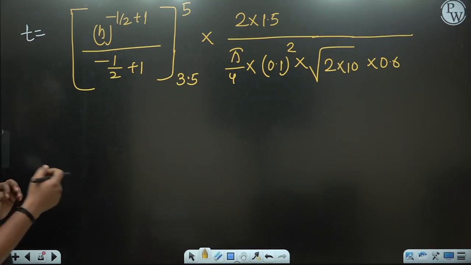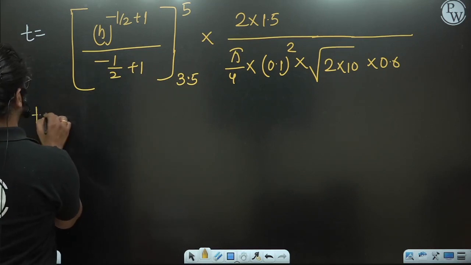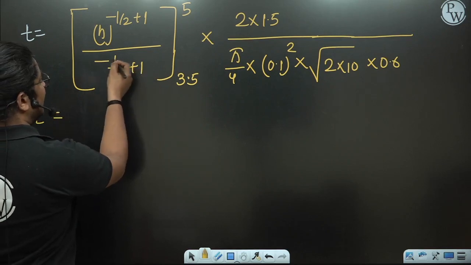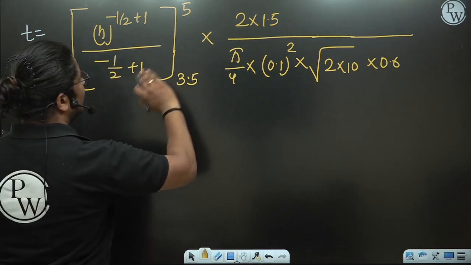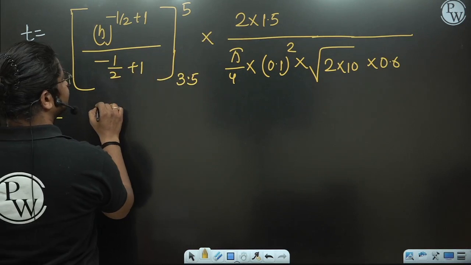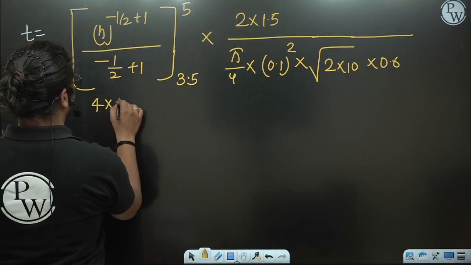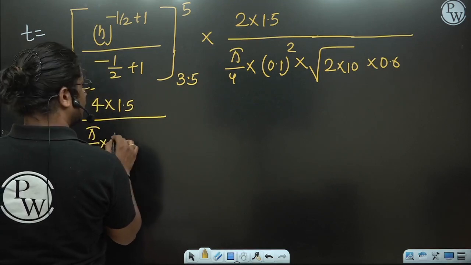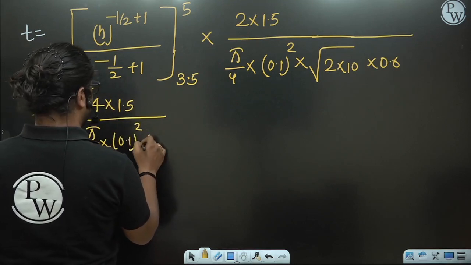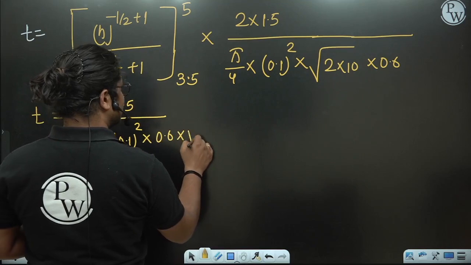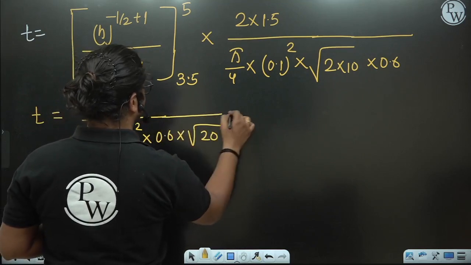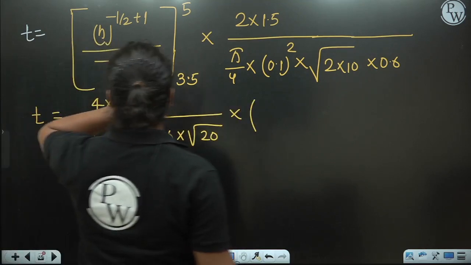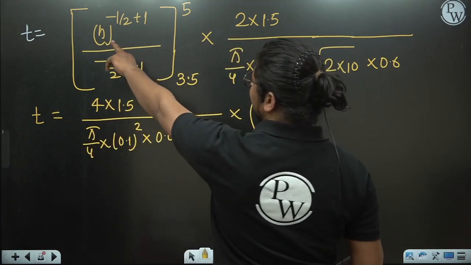I want everyone to do it fast. So T equals minus 1 by 2 plus 1, basically 1 by 2 only. It will go on the top. It will become 2 into 1.5 divided by pi by 4, 0.1 whole square, 0.6 root under 20, into this one, which will be nothing but h to the power 1 by 2.